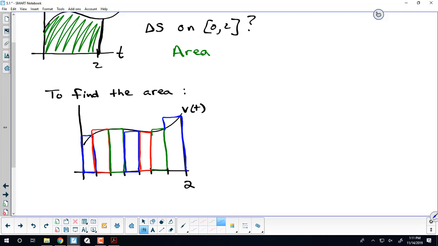So we just divide the region up into a certain number of rectangles, then we find the area of each rectangle and add that up, and that'll give us an approximation of the area.